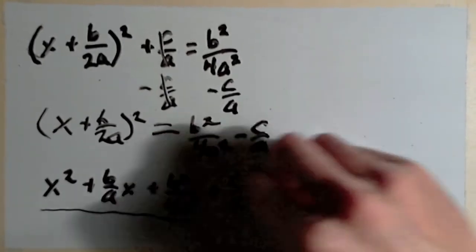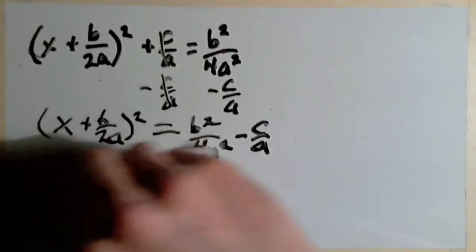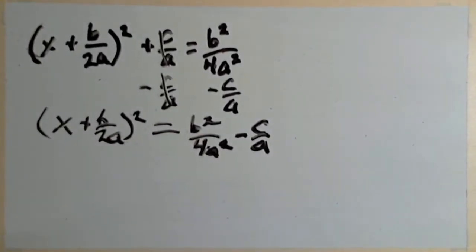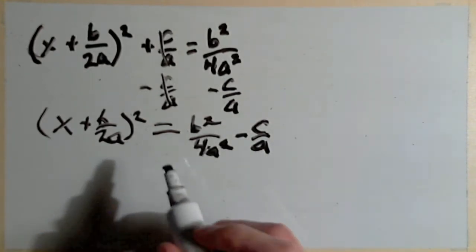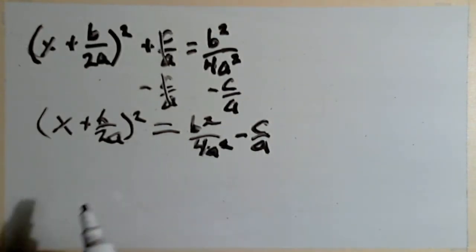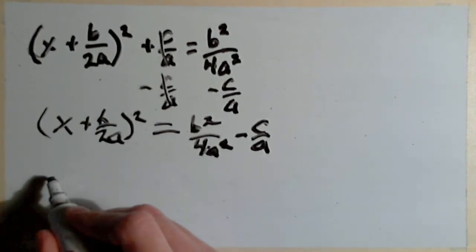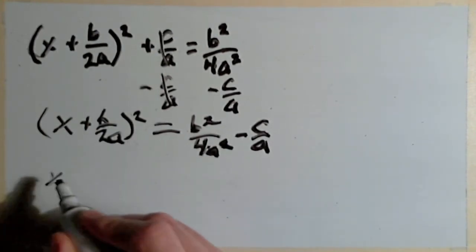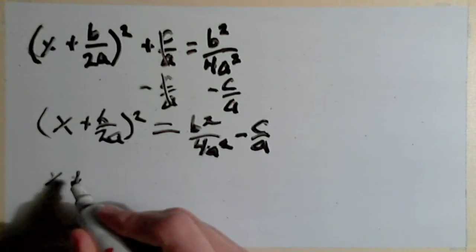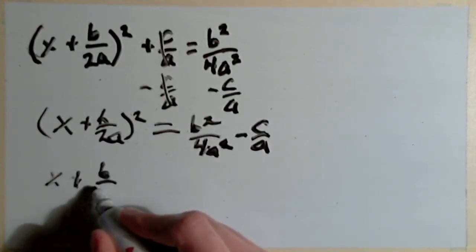Make a little bit more room here. Now, what we can do is actually take the square root of both sides. So if we take the square root of this side, we'll get x plus b over 2a.